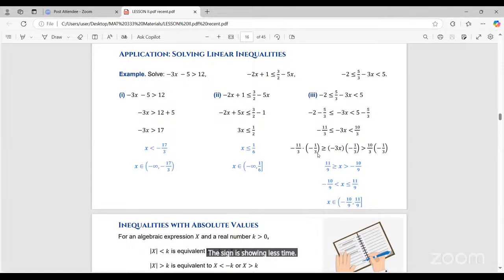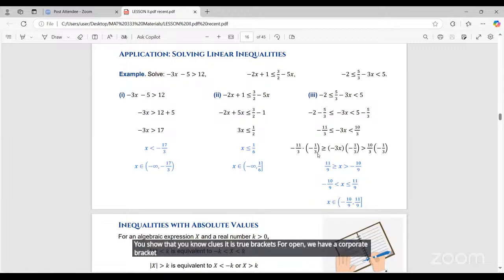What shows that it is open or closed is the brackets. For open, we have a curved bracket, and where it is closed, we have a straight line bracket. So I want to clarify if that's the difference.